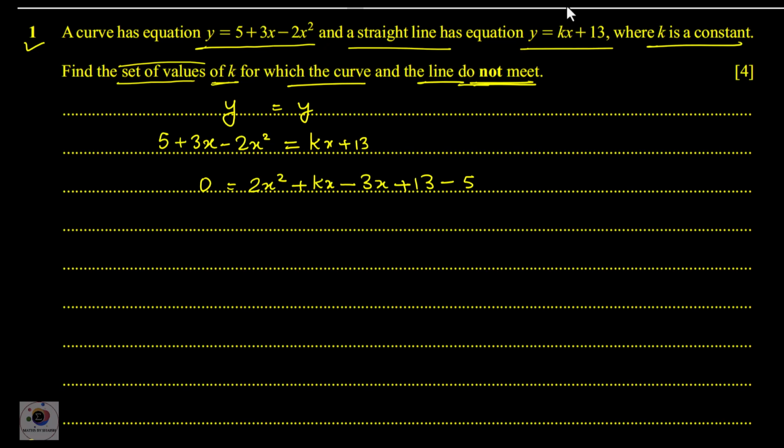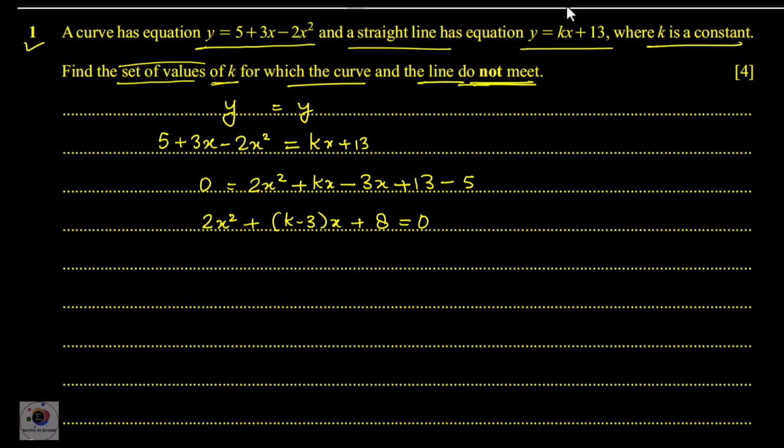So basically I moved everything from the left hand side to the right hand side, and we got 2x squared plus (k minus 3)x plus 8, 13 minus 5 is 8, equals 0.